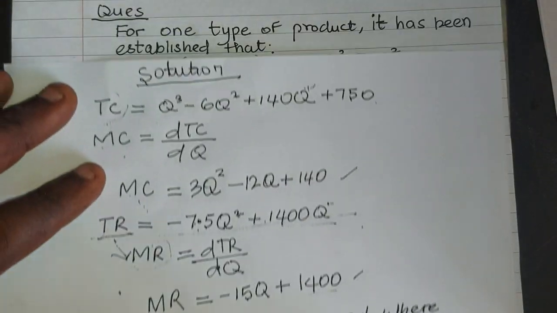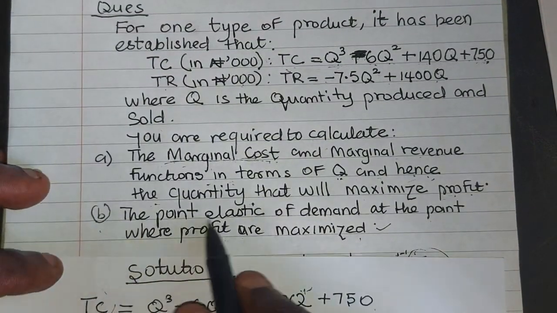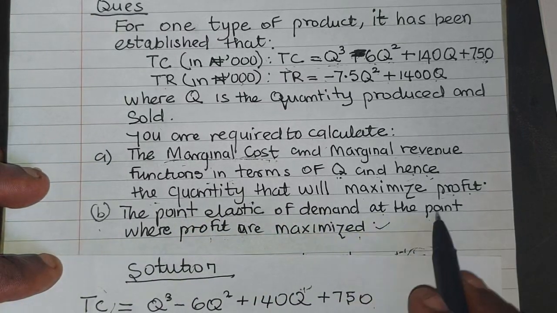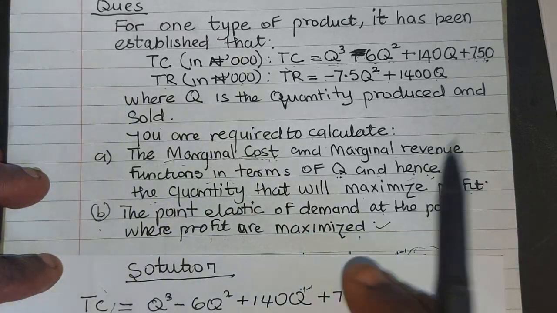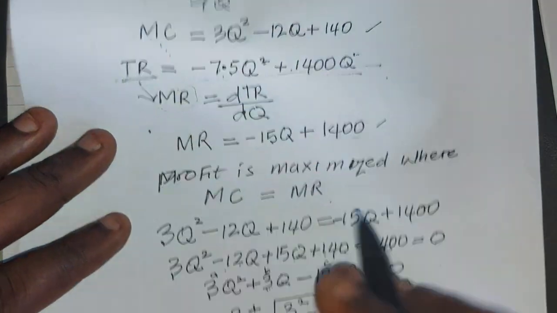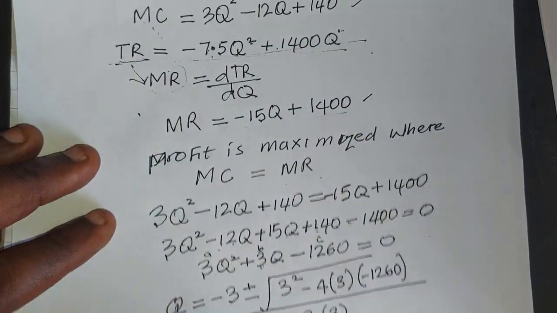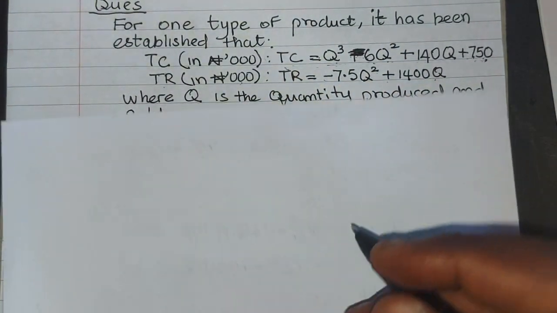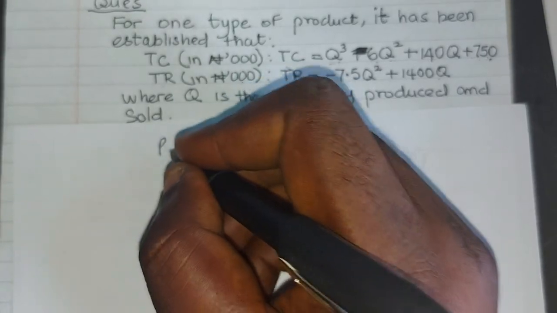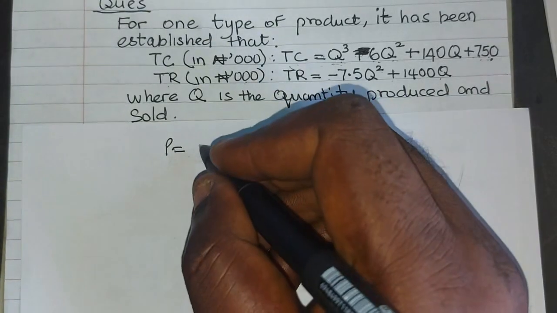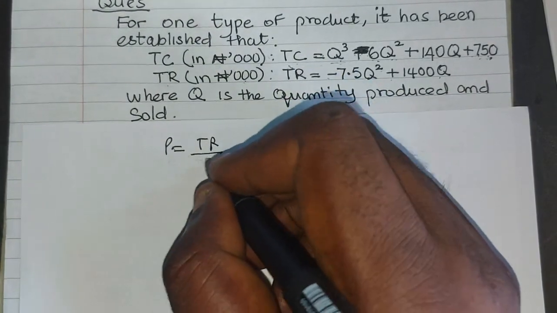Now the B part of the question says the point elasticity of demand at the point where profits are maximized. To calculate the elasticity of demand, you have to differentiate the demand function P. And P is total revenue divided by quantity.